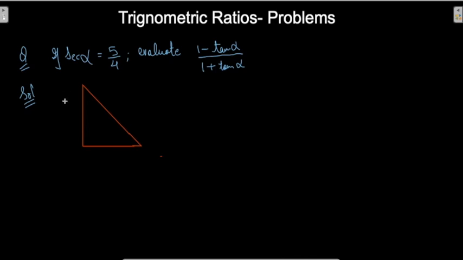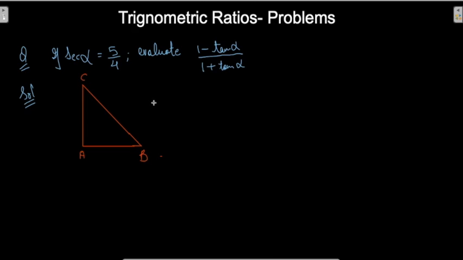Cool. So let's put the vertices. This vertex is A. This is B, and this is C.